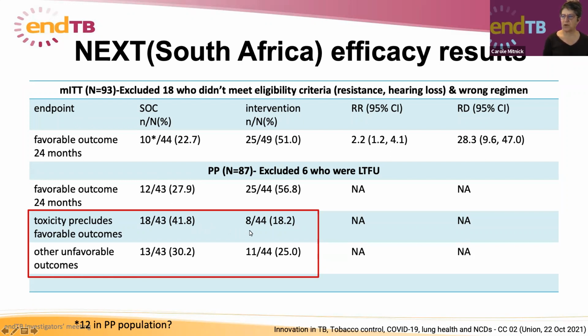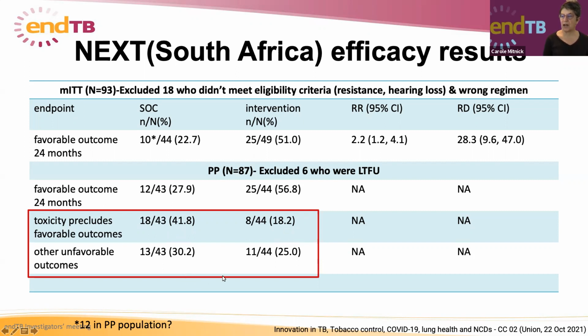But what's notable here is you can see that 41.8% of the per protocol population in the standard of care arm had unfavorable outcomes because of toxicity, and 18% in the intervention arm had that same toxicity, precluding assignment of a favorable outcome.